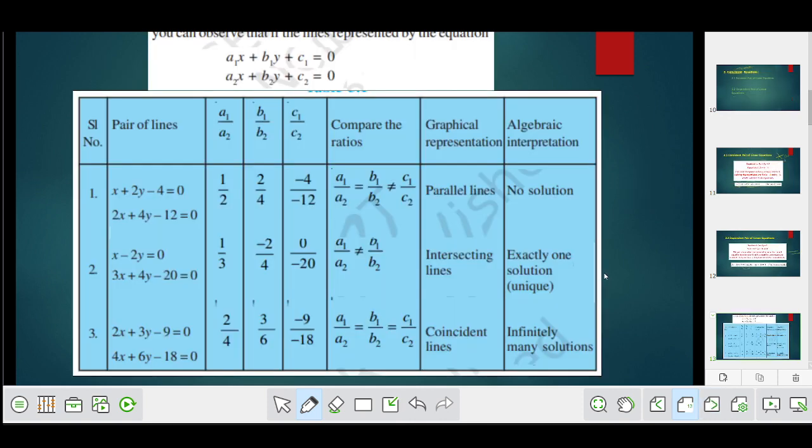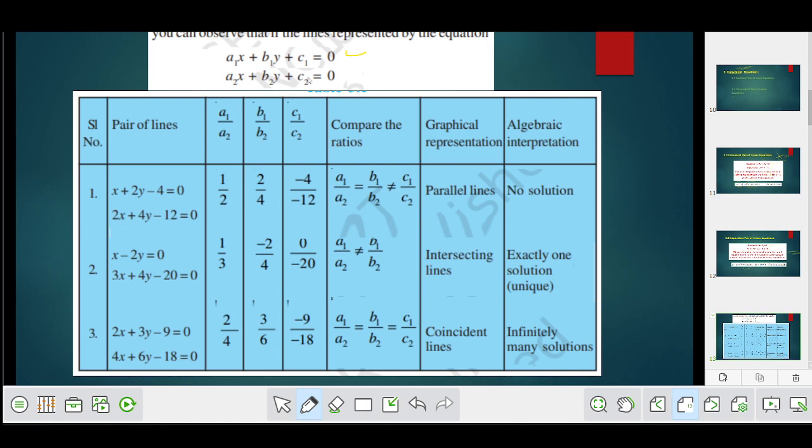Now, in the previous slide we have stated two types of equations. The first one is a1x plus b1y plus c1, where x and y are variables, a1 and b1 are the coefficients of x and y, a2 and b2 are the coefficients of x and y, and c1 and c2 are constant terms.